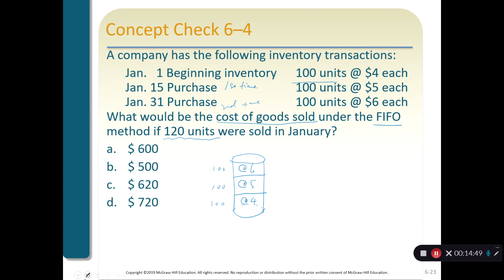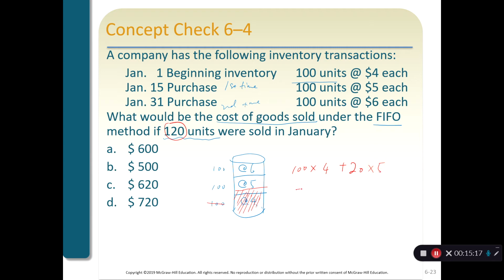Since we're using the FIFO method, first in, first out, we start with the oldest layer. We sell out the 100 units at $4, plus we need 120 units, so the extra 20 units will come from the cost layer of $5 each.